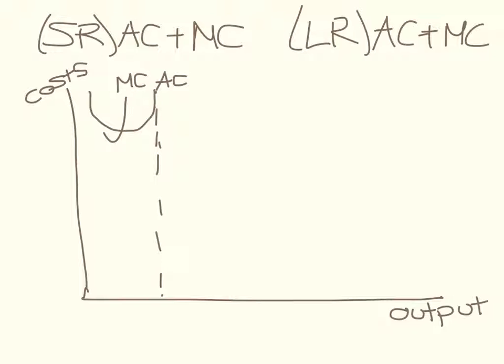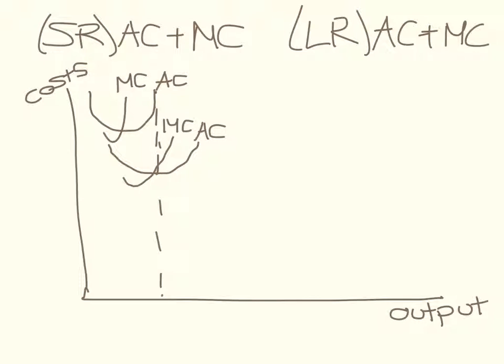In the long run, they can maybe move to a bigger factory or increase the size of their factory by building an extension. So they're able to not only increase their output, but you might find, and I'll explain it in a second, that you have lower average costs. And it moves outwards like that.